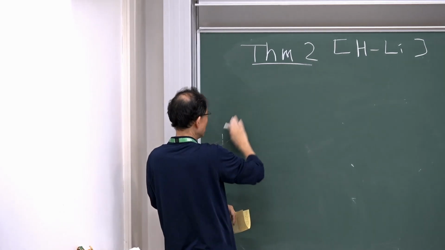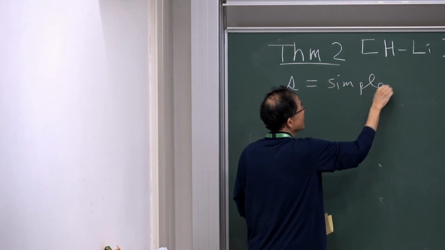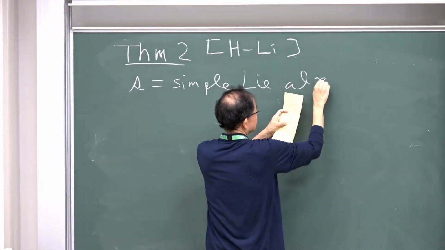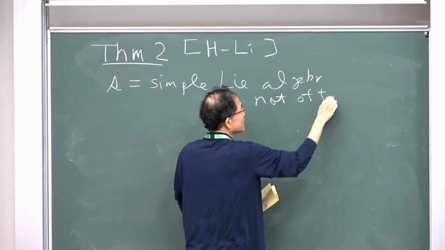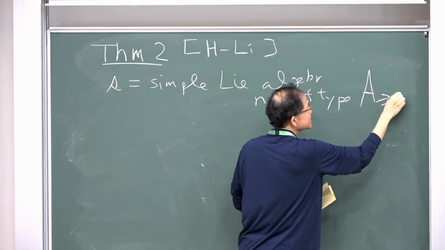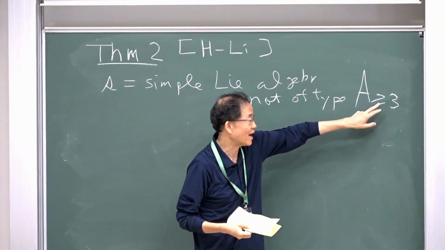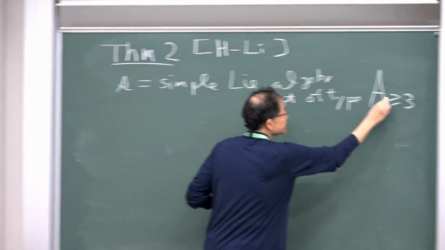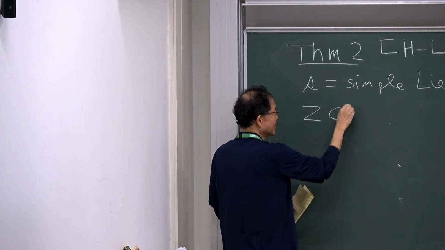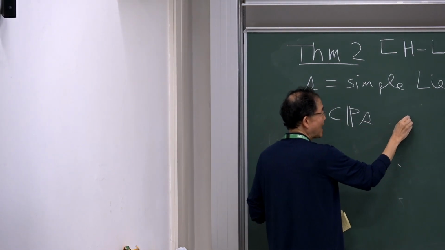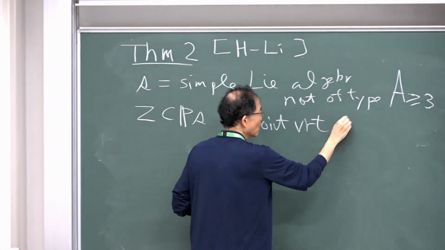So we checked it for the following parameters. Now S is a simple Lie algebra, not of type A_L where L is bigger than or equal to 3, excluded by the Dynkin diagram type. And Z is what's called the adjoint variety of the Lie algebra.